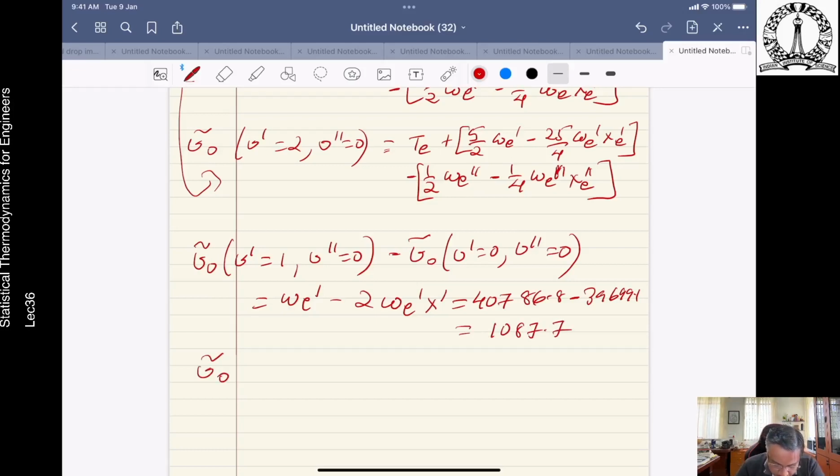Then you do the same for v prime equal to 2 minus v prime equal to 0, with v double prime equal to 0.